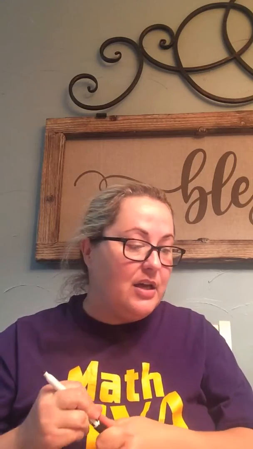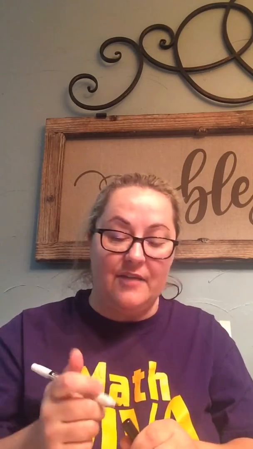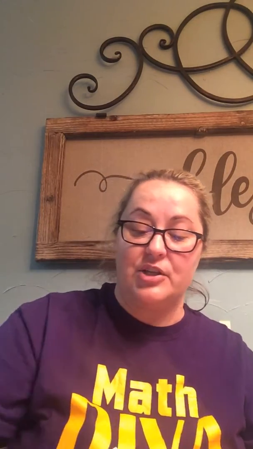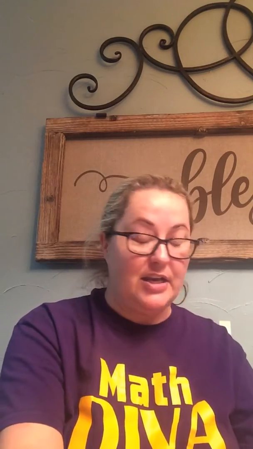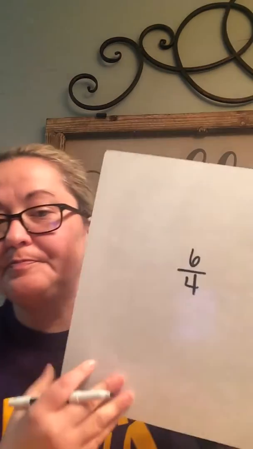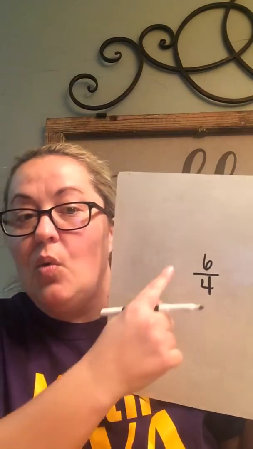If you look at number 2, the denominators are the same again. The thing that you're going to have to watch in this one is that you're going to get an improper fraction. And an improper fraction is where the numerator is larger than the denominator. Okay?